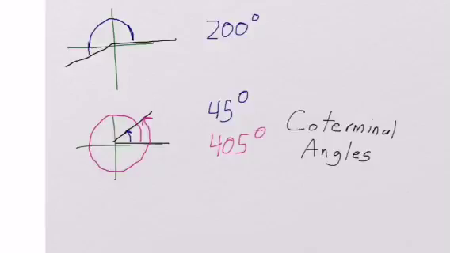And if I look at 405 minus 45, I get 360. Whenever I have two coterminal angles, I will always get some multiple of 360.